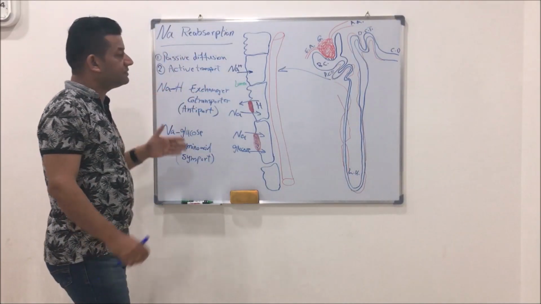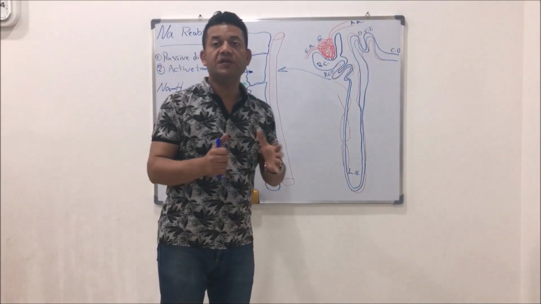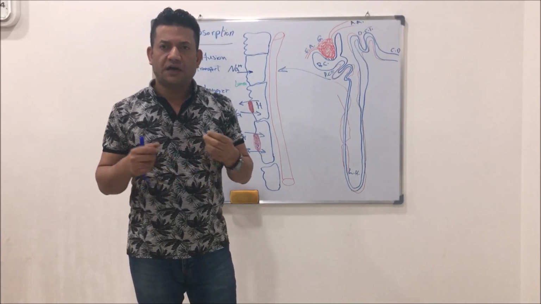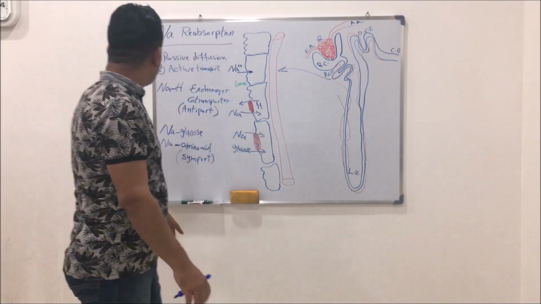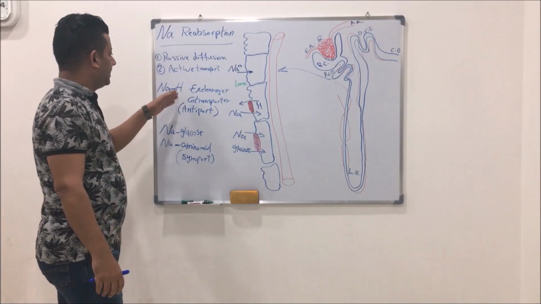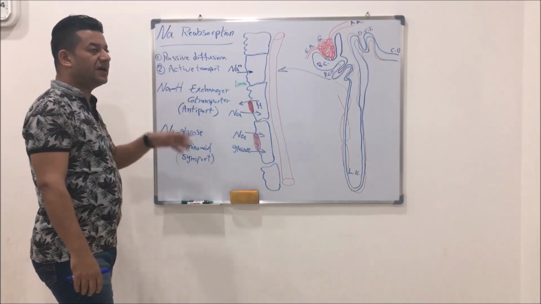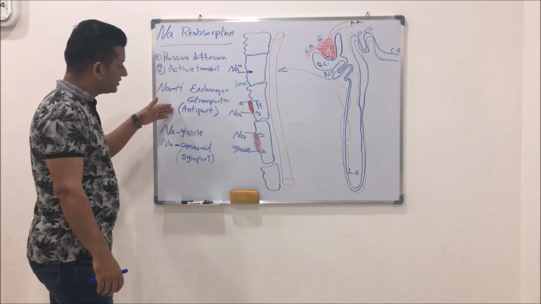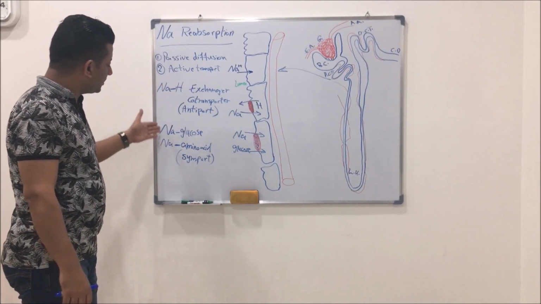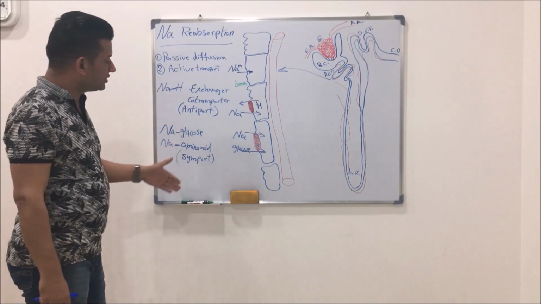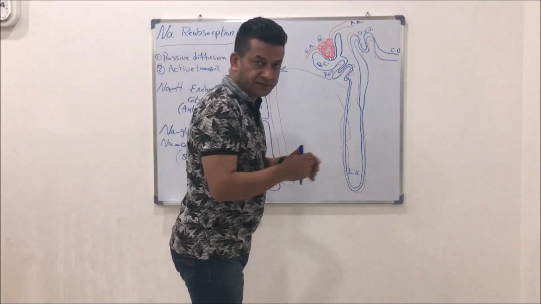The second mechanism is active transport, and we have mentioned it is a secondary active transport mechanism through the sodium hydrogen exchanger or transporter, and also by the symport, through the sodium glucose symport co-transporter.